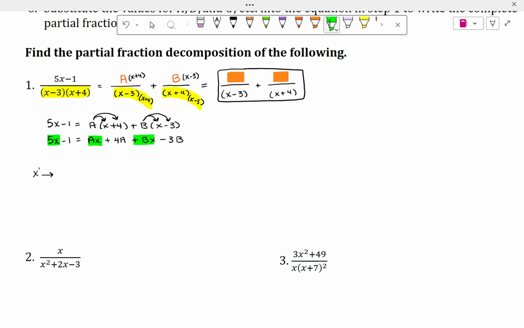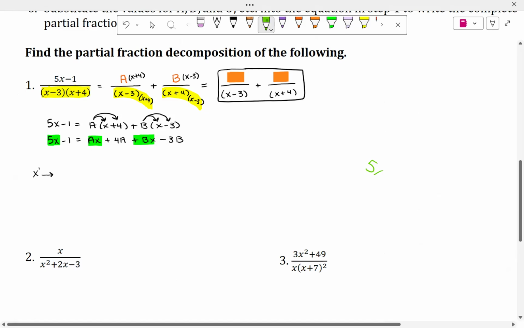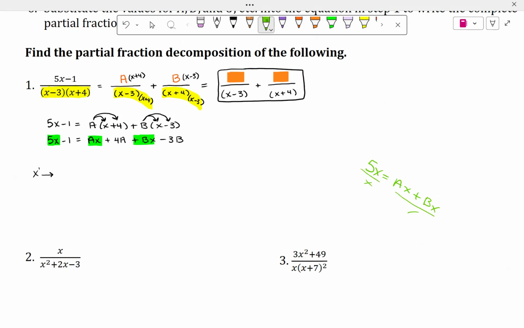I don't want to include the x's because I could divide x on both sides of the equation. I'm going to erase this in a second. 5x equals ax plus bx. Well, I could really just divide all of this by x and get rid of all those x's, and I have just 5 equals a plus b. So instead of doing that extra work, I'm just going to drop the x's.